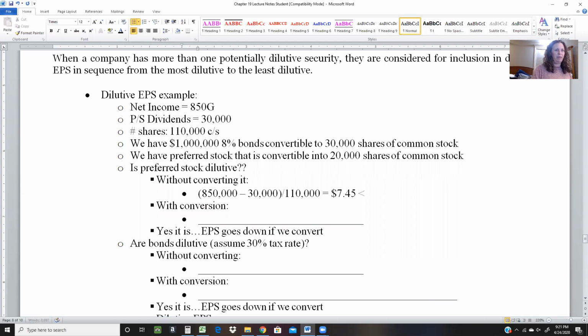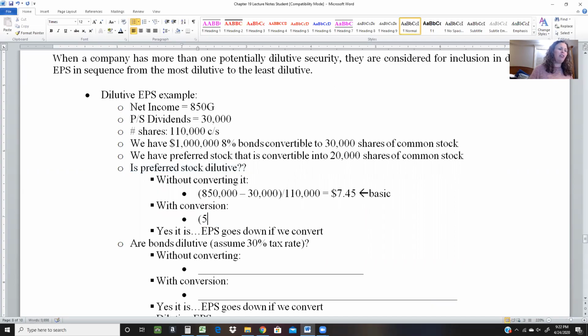So that's basic. Then if I convert the preferred stock, I would not have to pay preferred dividends, but I would have an extra 20,000 shares. I like this example because I think it's clean.